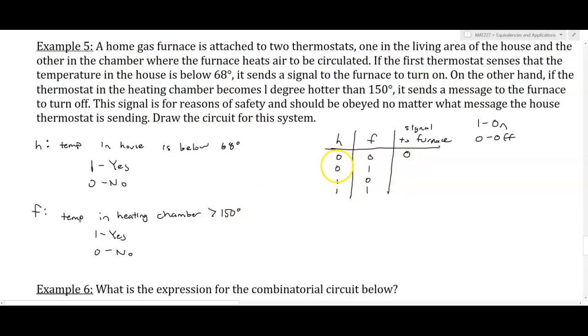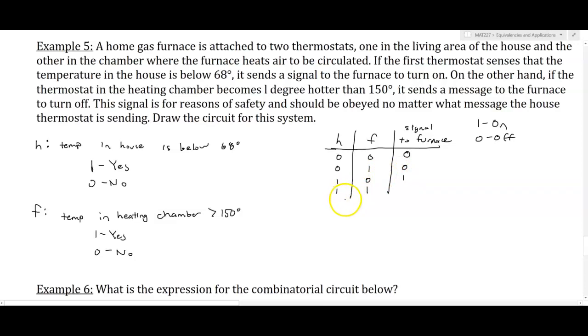Then if the heating chamber has a temperature that, yes, is above 150 degrees, no matter what the H signal is, we want this to be 0. And if the temperature in the house drops below 68 degrees and the temperature in the heating chamber is not above 150, then go ahead and turn on the furnace.